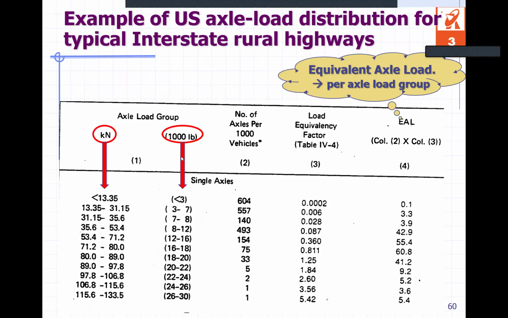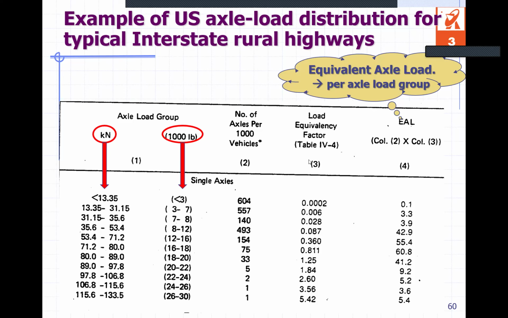So less than 3,000 pounds, 604 out of every 1,000 will be here. Between 3,000 and 7,000 pounds, there will be 557 for every 1,000 vehicles observed. So this is just historical data that is being used.